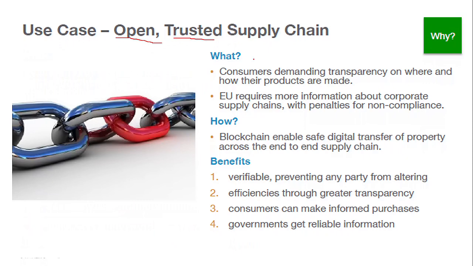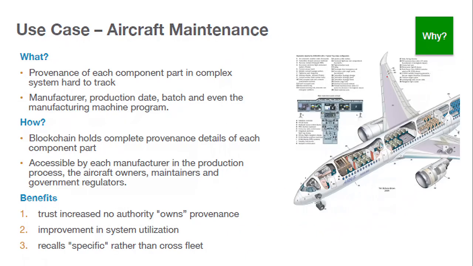Trustworthy, and of course, transparency. Again, you can say this keeps on coming, right? So with blockchain, you can have some kind of openness within the systems, within organizations, trust, and of course, transparency.